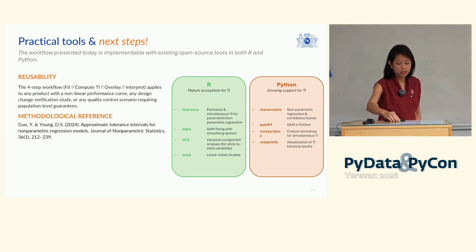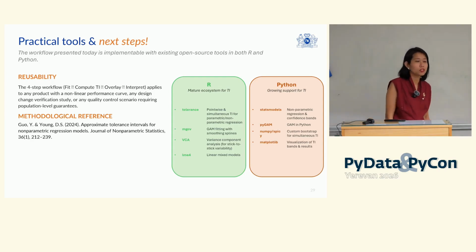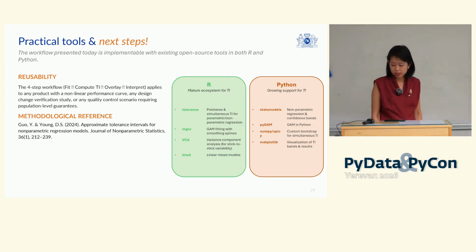Practical tools. I'm coming from the generation who still works heavily with R. And the nice thing about R is that we already have a quite mature ecosystem for tolerance intervals. We have these built-in packages that you can readily use, with the tolerance package and the mgcv function that you can use for GAM model fitting.